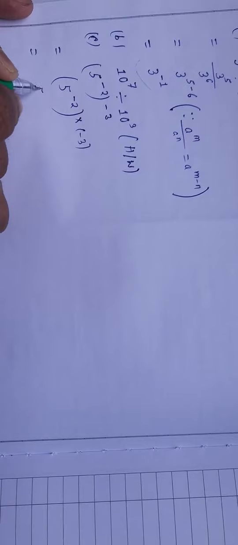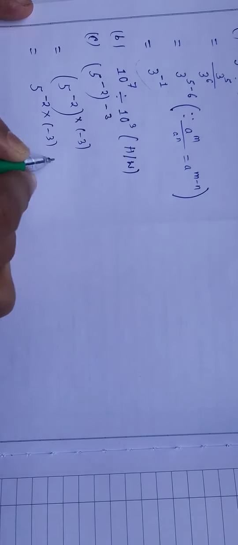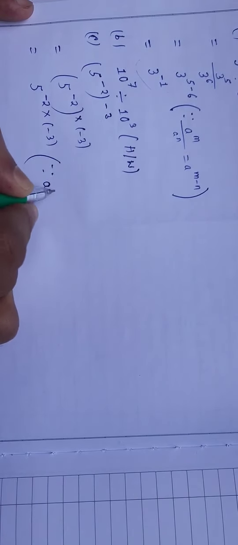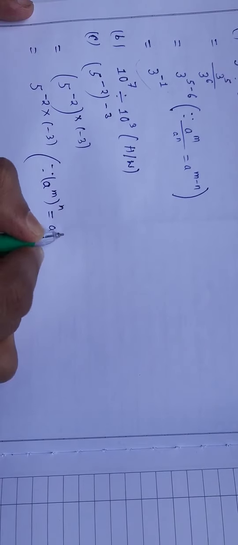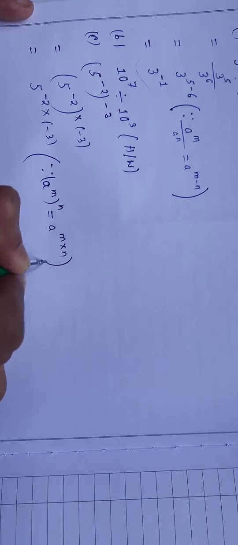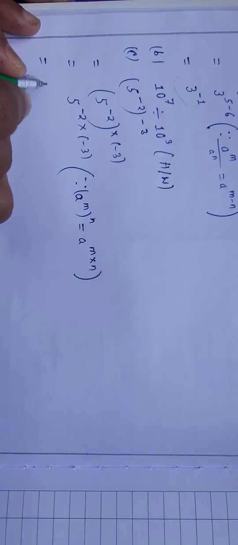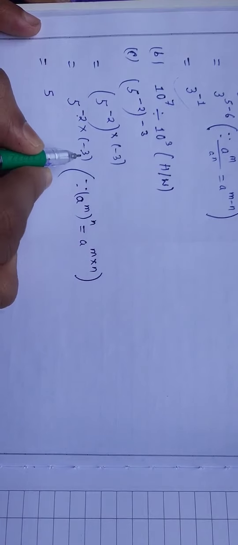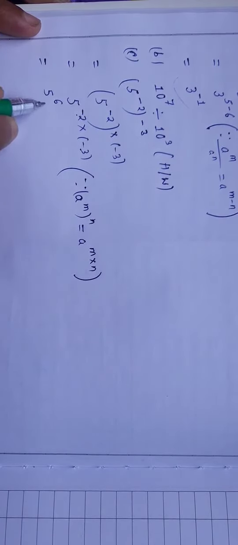Here the reasoning is, since a to the power m whole thing to the power n is equal to a to the power m into n. So it equals 5 to the power, now minus 2 into minus 3 is plus 6. So 5 to the power 6, which is also in the exponential form.